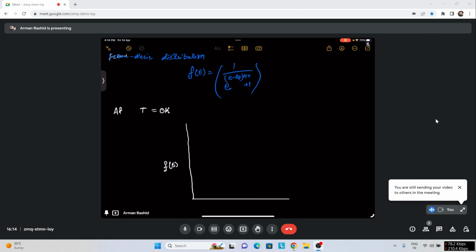At T equal to 0, e raised to the power (E minus EF) by kT, since T is 0, will be infinite.